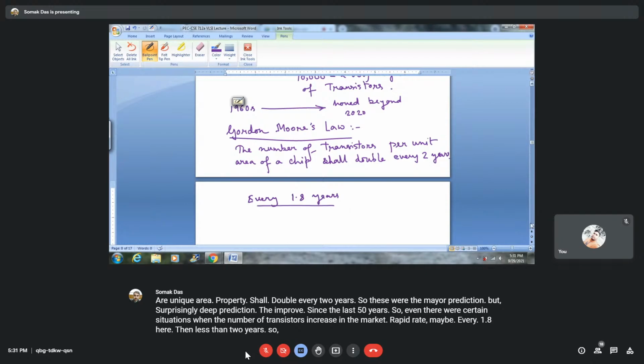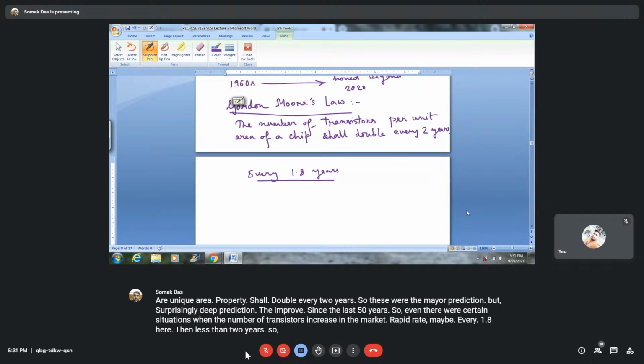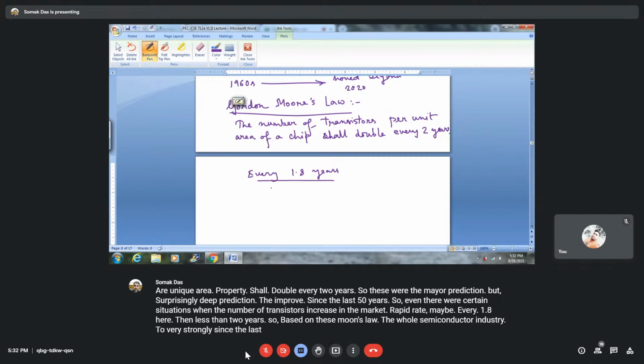So based on this Moore's law, the whole semiconductor industry stood very strongly for the last 3 to 4 decades.